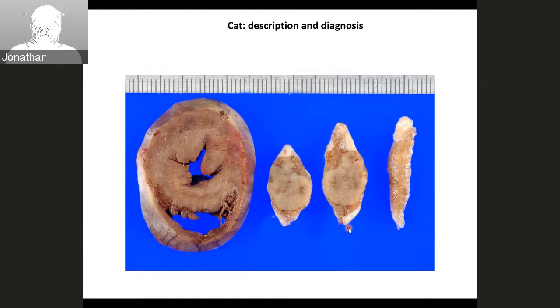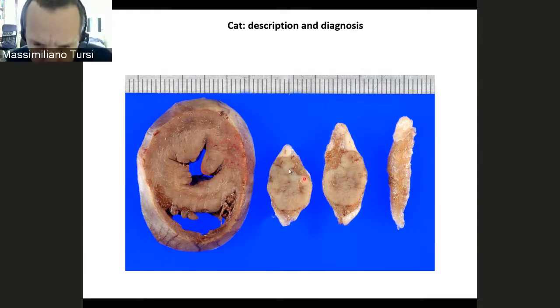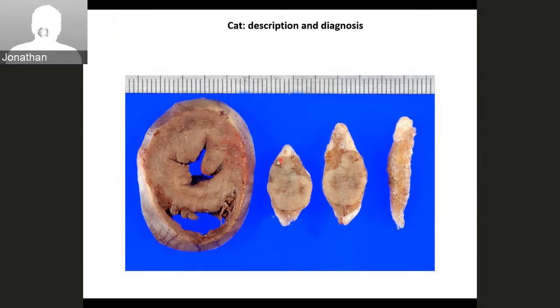Use the keywords. The thyroid gland looks heterogeneous with a whitish discoloration. Why is there this discoloration? Because of a neoplastic process? Sure, right. That's the nodule. So that's two thyroid nodules.